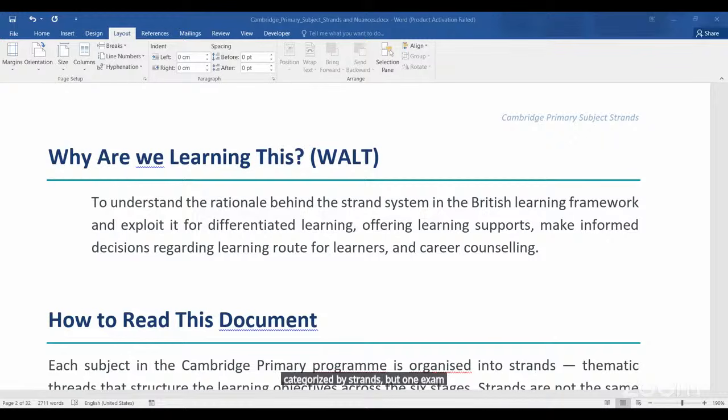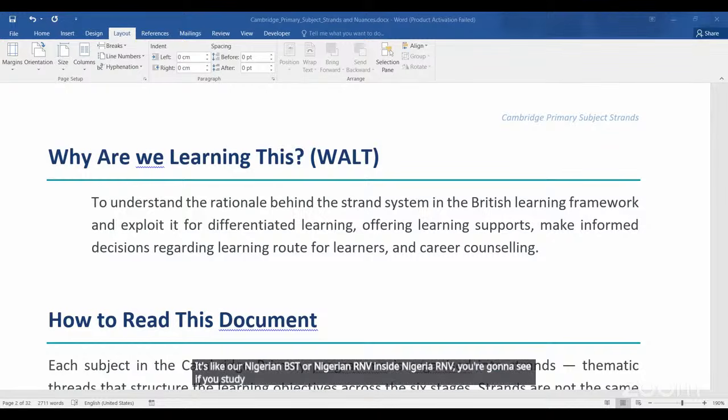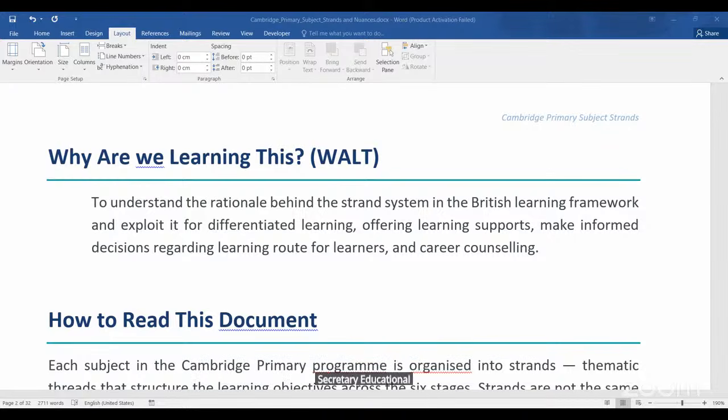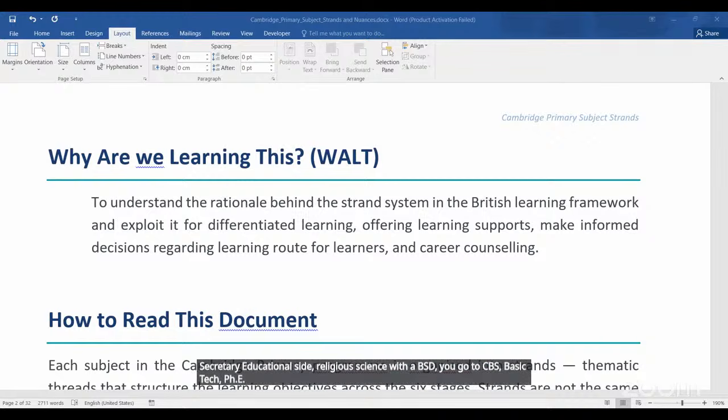It's like our Nigerian BST or Nigerian RNV. Inside Nigerian RNV, you're going to see the social studies side, security education side, religion side, and so on. And if it's BST, you're going to see basic science, basic tech, PHE, ICT, each of them. So that's how the exam is done at Checkpoint level.